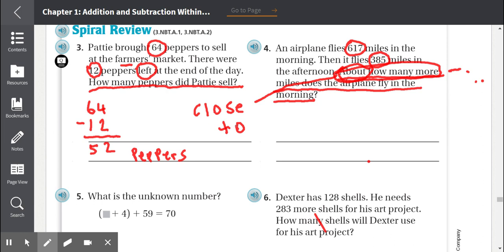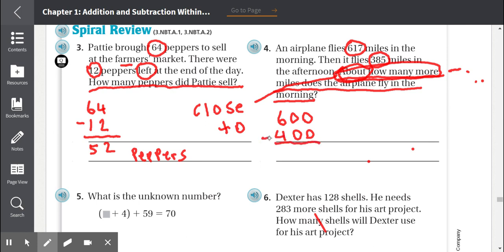Let's round to the nearest hundreds. 617, if we round this to the next hundred, it will be between 600 and 700, but it'll be closer to 600. 385 would be between 300 and 400, but it is closer to 400.